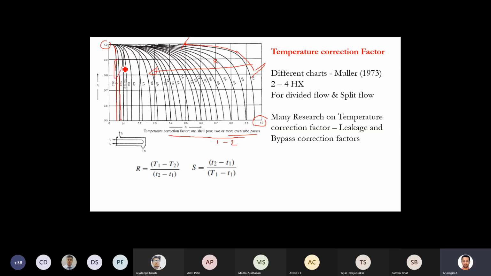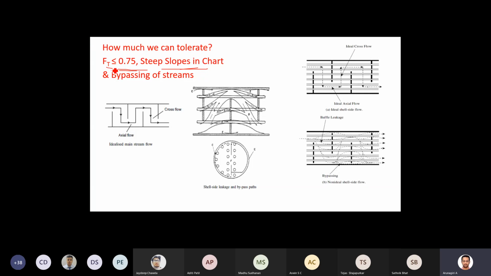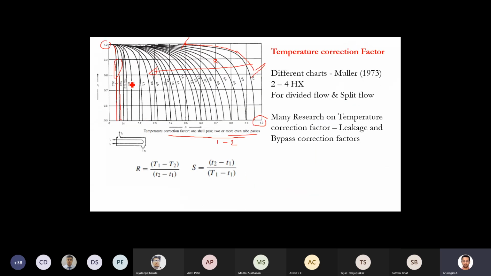The variations are very small, but drastic changes in FT are observed. So where do we have to stop? FT is always preferred to be more than 0.75. For FT less than or equal to 0.75, you can see steep changes, almost vertical. If you see the slope dy by dx, the variation is very, very small.